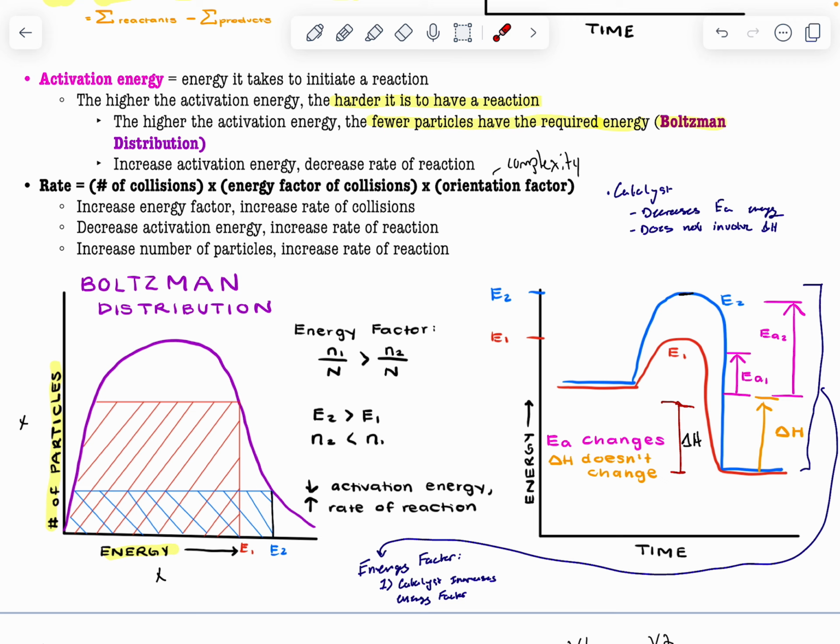And lastly, the orientation factor, or the complexity of a system. It's basically saying, if I had a jar filled to the brim with marbles and I started shaking them around, these marbles are going to be clashing all over the place, and there's going to be such a high number of collisions between them.